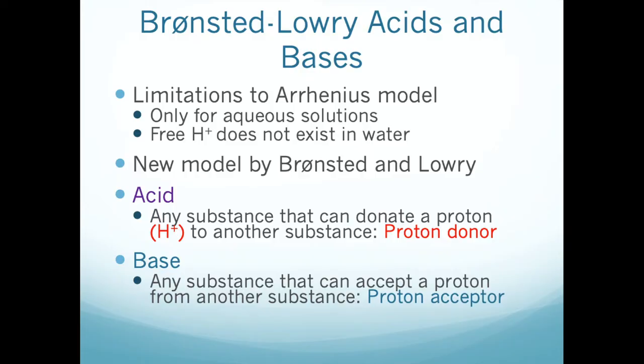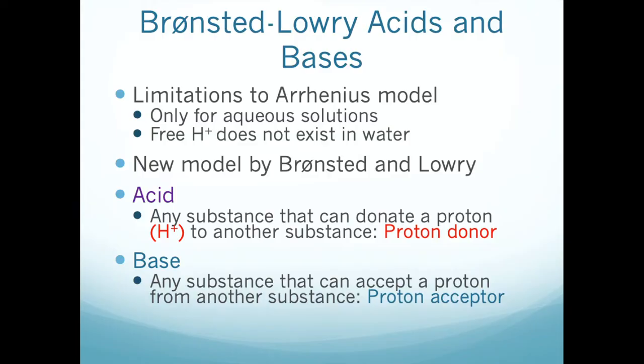However, acidic and basic behavior is observed in a much wider context. What we do in the Bronsted-Lowry definition is we choose to focus on one piece of the reaction, and that is a hydrogen ion. So in the case of an acid, it gives away H+.